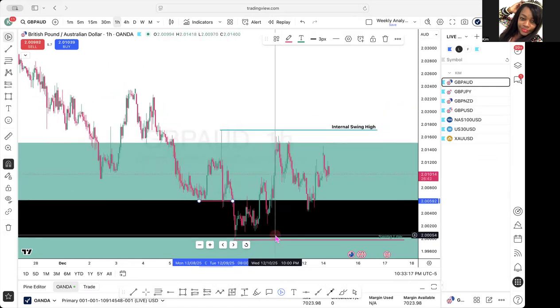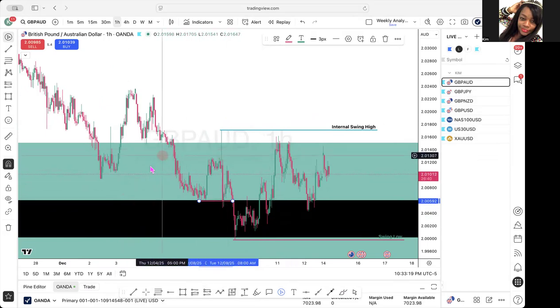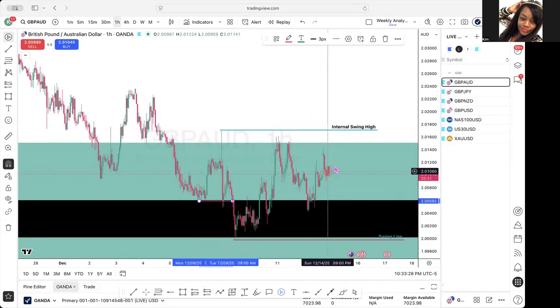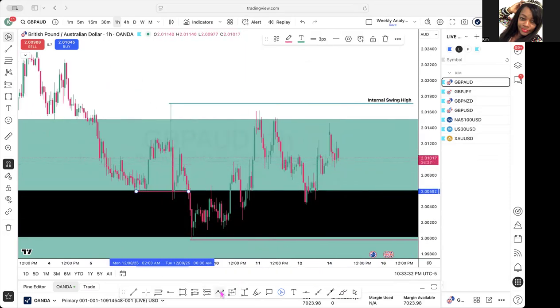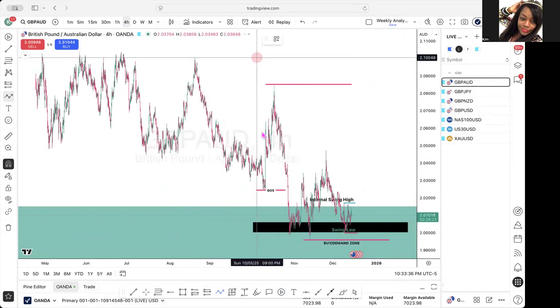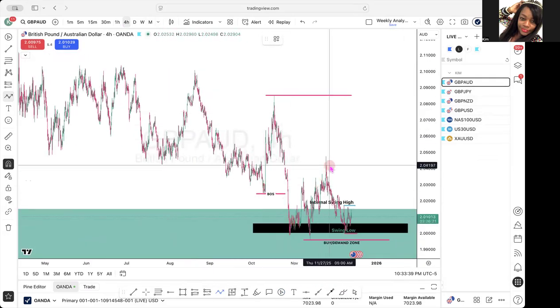So now that price is in a current demand zone, I've marked up my internal swing high and swing low. So now I am going to wait. So let's just say if price wants to keep selling, let's look at the 4-hour, because price came here, pulled back.